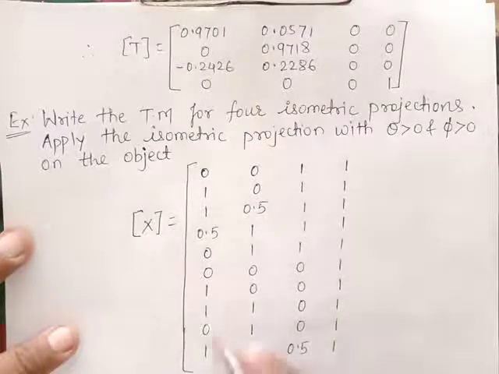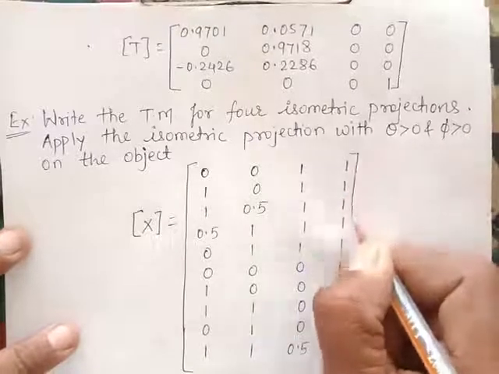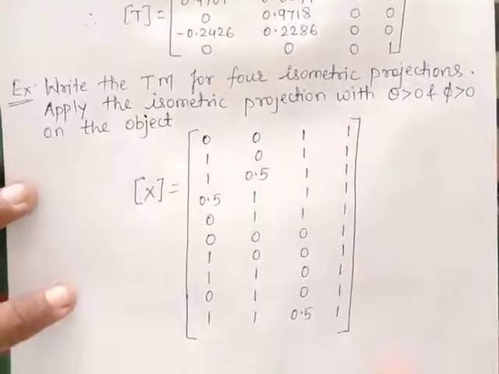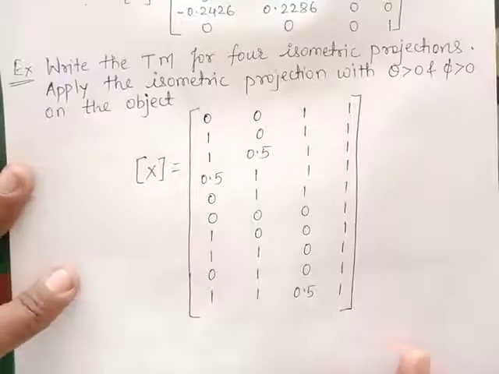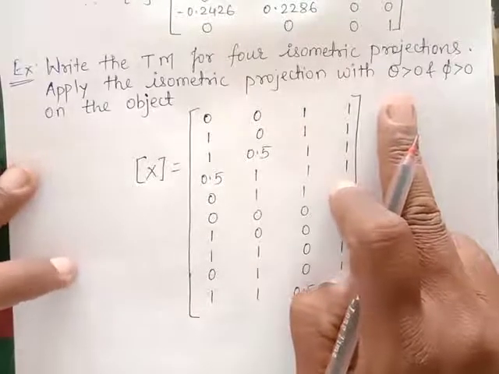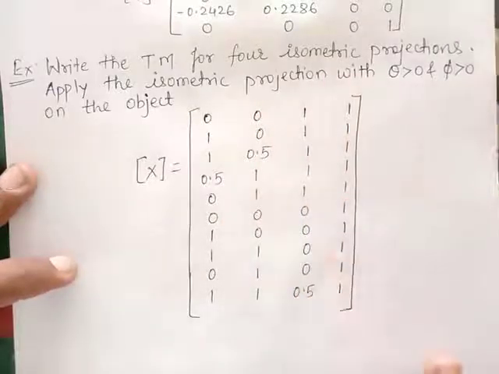This is our object. On this one we have to apply the transformation matrix for isometric projection when theta positive, phi positive.